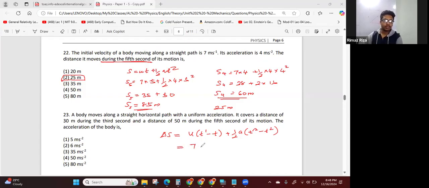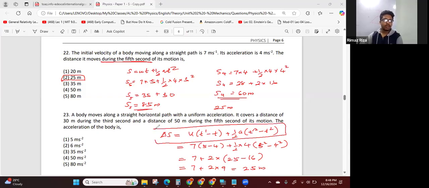Therefore, it will be u is 7, times (5 minus 4), plus half into acceleration 4 times (5 squared minus 4 squared, 16). So you get 7 into 1 is 7, plus 2 into (25 minus 16), which is 9. 2 into 9 is 18. 18 plus 7 equals 25 meters. So you can keep this in mind. I mean, you can note this.